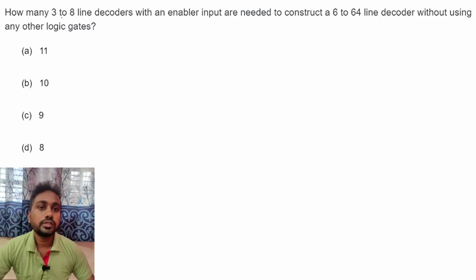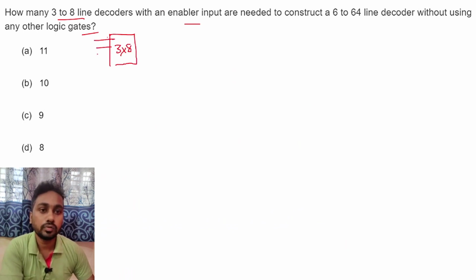Now the next question is, how many 3 into 8 line decoders with an enable input are needed to construct a 6 into 64 line decoder without using any logic gate? Okay, so encoder, this is decoder. A 3 into 8 decoder means we have 3 inputs, one enable line, and 8 output lines.